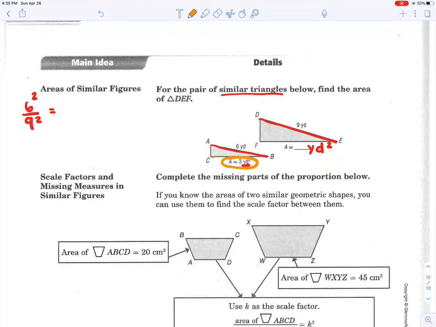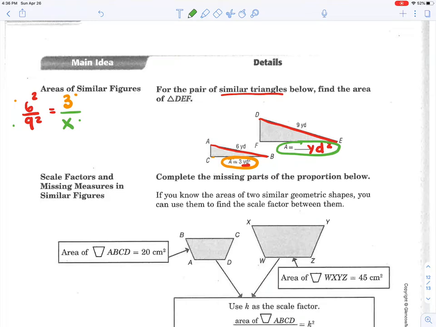Well, the area of ABC was 3 yards squared, so I'm going to put 3 there so that 6 and 3 correspond to the same triangle. And I know I'm solving for the area of DEF, so I'll put that on the bottom as my x. These two are from the same triangle, so they're both going to be in the denominator.